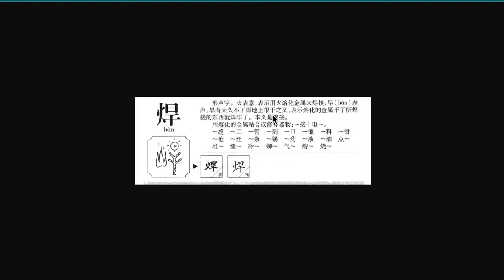This refers to the process when you weld or solder things: initially you melt the metal, so it becomes liquid, and after that you need to let the metal dry, in other words cool down and become solid, and then you finish the process. That's why they use this han.